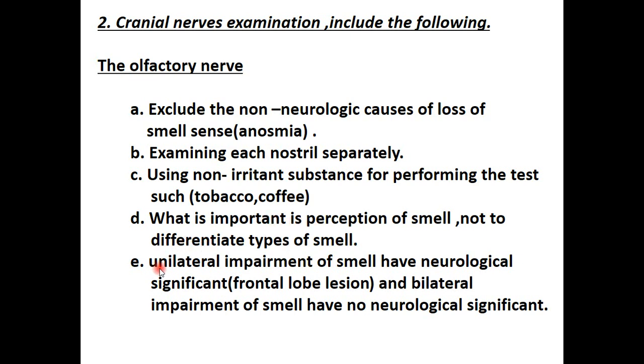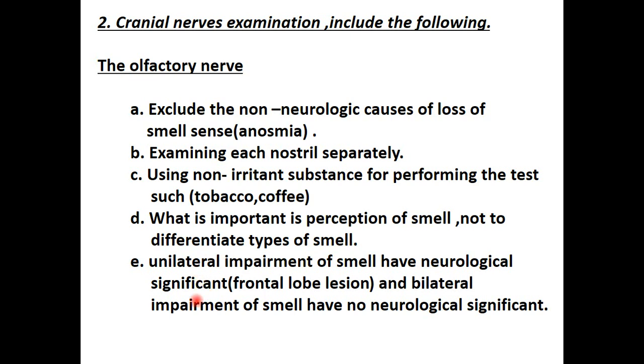And unilateral impairment of smell has neurological significance. So if the patient has unilateral loss of smell, this is very significant neurologically. You may have a frontal lobe lesion, for example. Bilateral impairment of smell has no neurological significance.